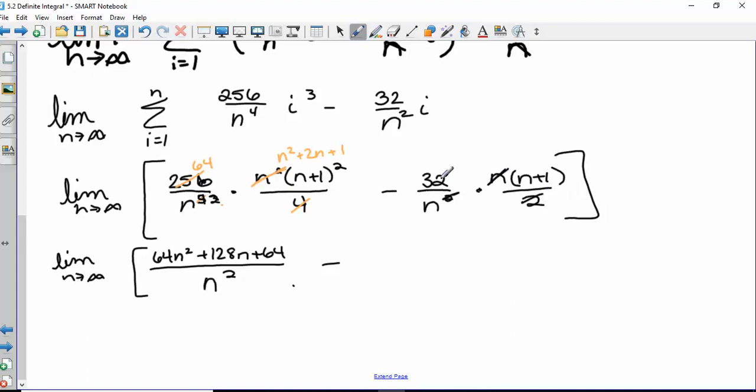Over here we can cancel one of the n's. 32 divided by 2 is 16. That would be 16n plus 16 over n.